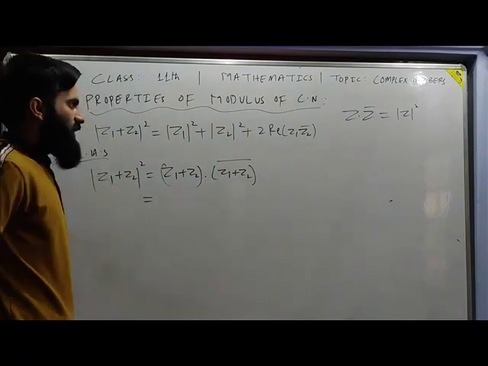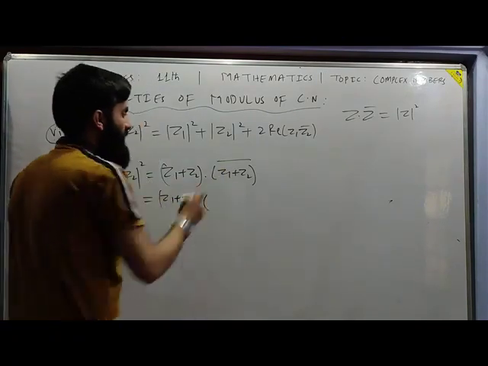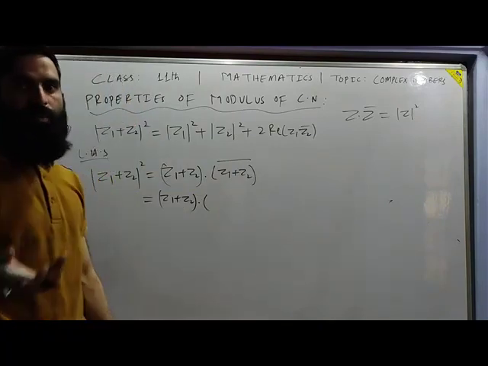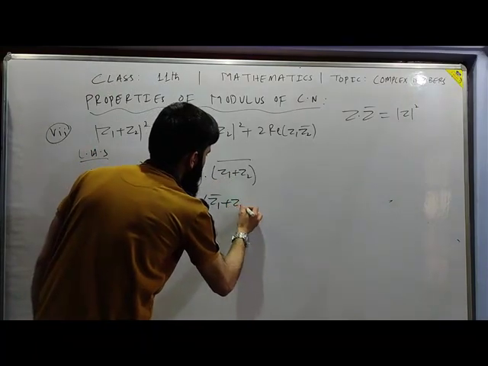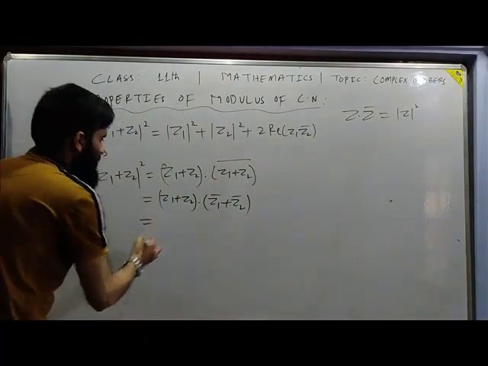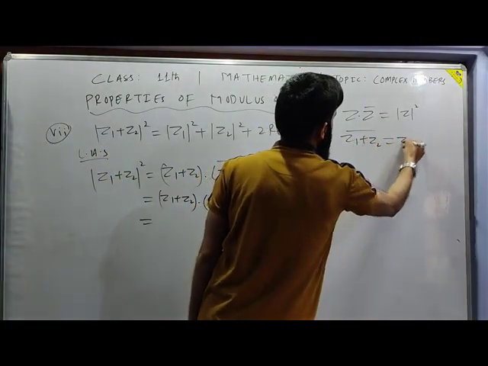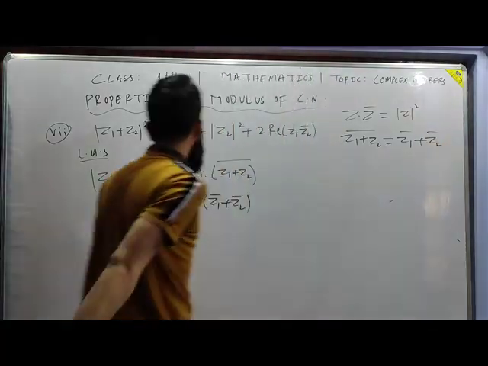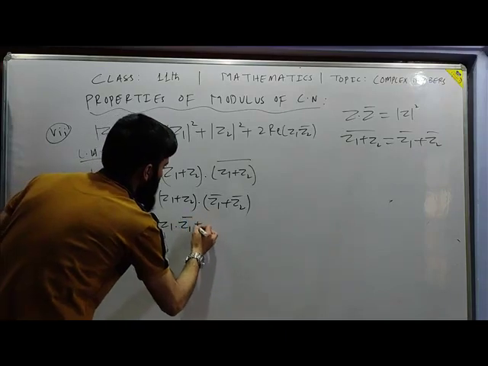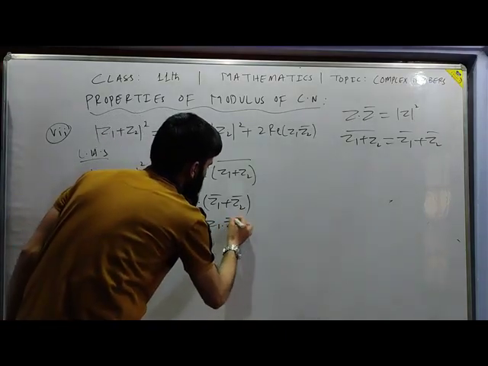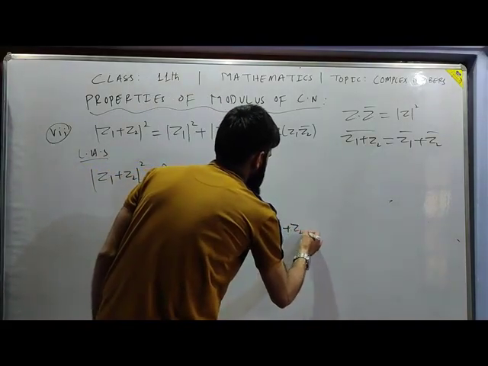Then you can write z1 plus z2 whole conjugate as z1 conjugate plus z2 conjugate. This is another property of conjugates. Now if you multiply, you can write z1 dot z1 conjugate plus z1 dot z2 conjugate, plus z2 dot z1 conjugate plus z2 dot z2 conjugate.